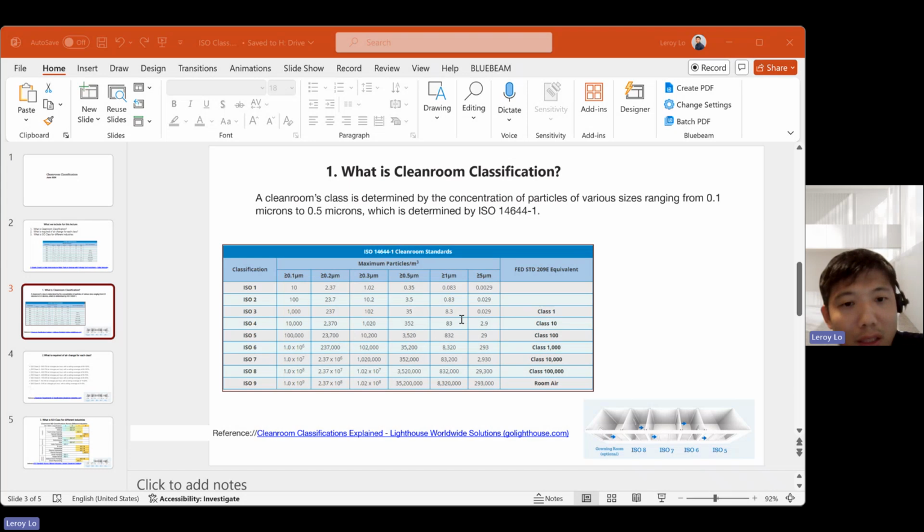The particle sizes on this chart are indicated in micrometers, whereas the feature sizes on chips are described in nanometers, which is 1/10,000th of a micrometer. So you can get a sense of how big a difference there is.